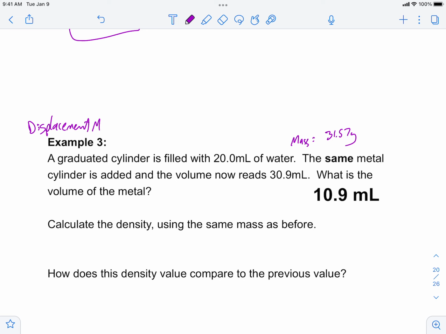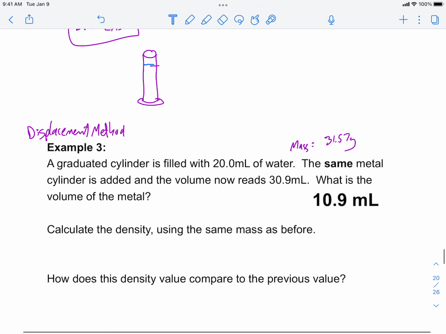The displacement method. And what that means is you take a graduated cylinder, I didn't give myself enough room. You know what? Let me move that line. There we go.